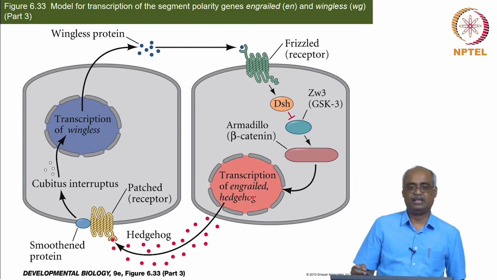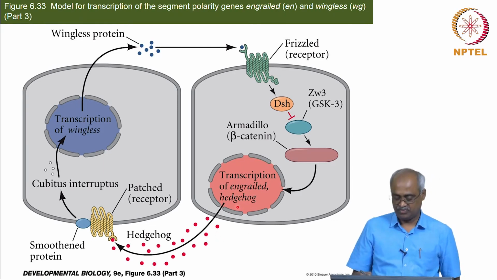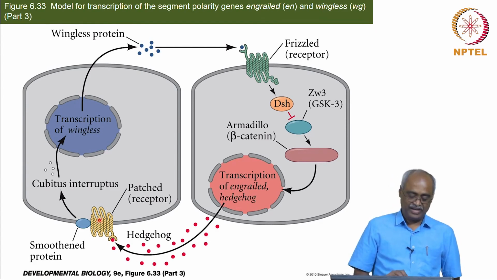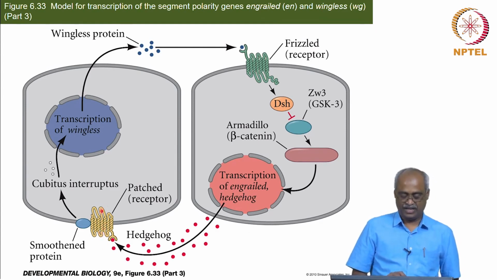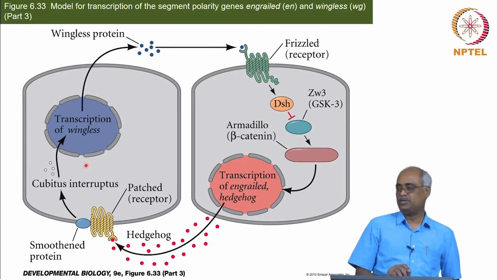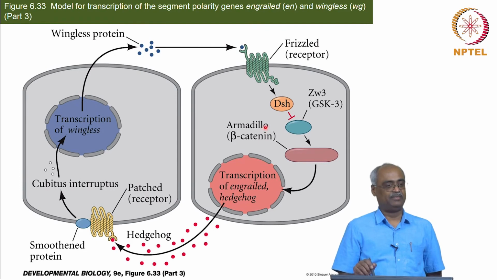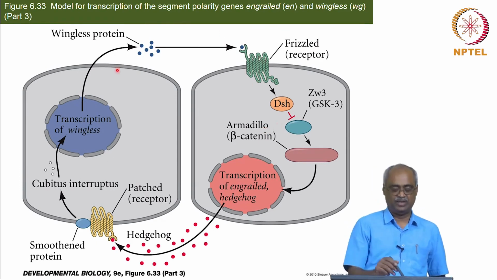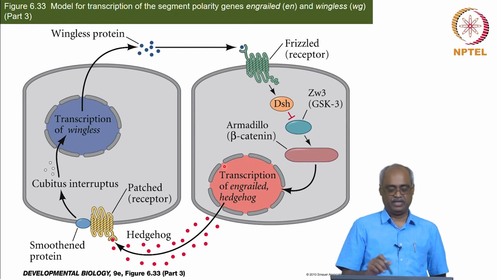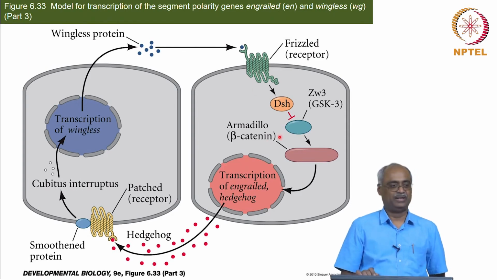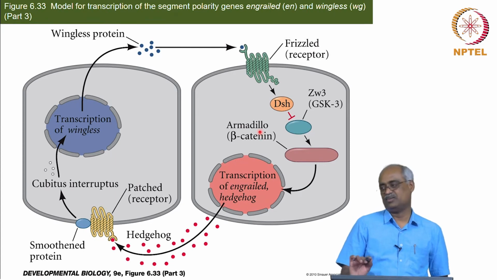So remember, another signaling molecule we have learned, paracrine signaling. And hedgehog, secreted, is binding to the patched receptor present in the wingless-producing cells. Only wingless-producing cells make the patched receptor and only the engrailed-producing cells make the frizzled receptor. As a result, you have this signaling going on, ensuring this cell produces wingless and this cell produces hedgehog.